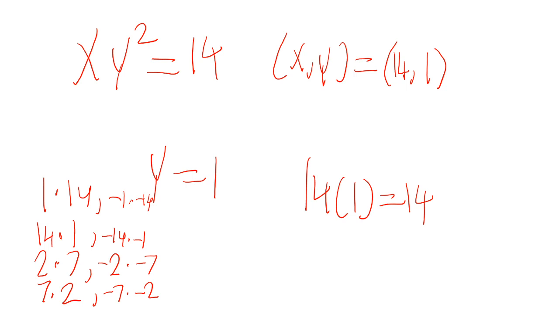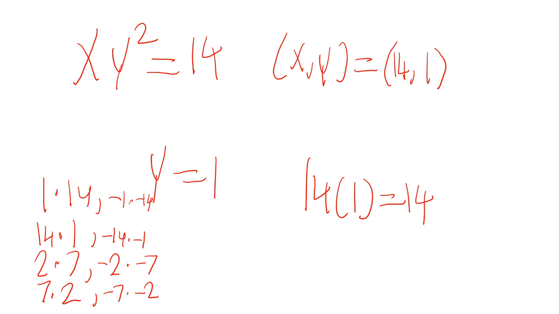Well, y can be negative, my bad, x has to be positive no matter what. y can be negative, but y squared is always positive. I need to get that straight. y squared is always positive. We can have a negative 1 squared, it's always going to be positive.